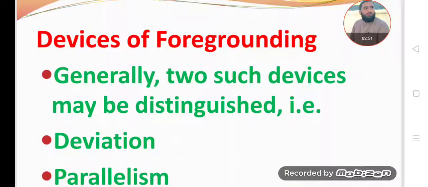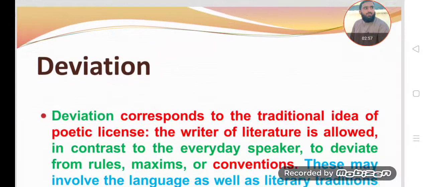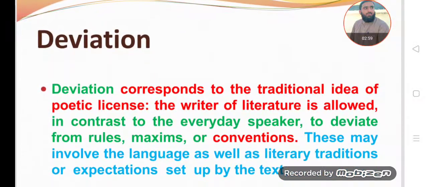So, generally, two such devices may be distinguished, that is deviation and parallelism. In literature, we bring some newness, some de-automatization for artistic effects. So deviation is used and parallelism is used.